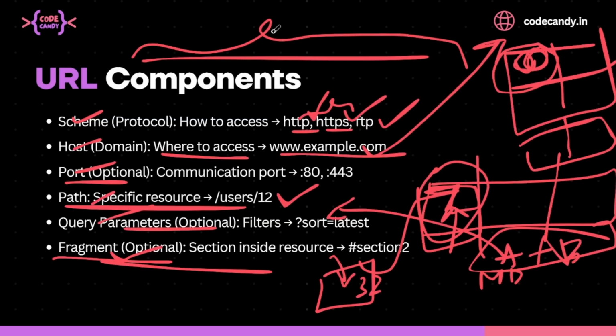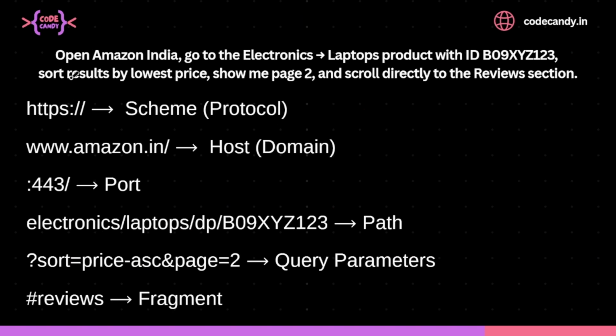See, in the previous slide, we discussed the various URL components. Now suppose, whenever I open the Amazon website, I am actually going to the category electronics. In that electronics, I am searching for laptop.